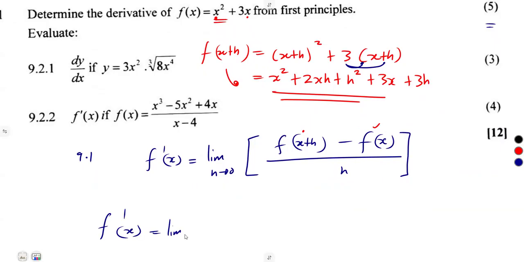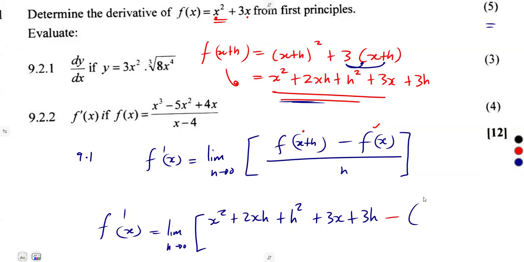So that's it. The limit as h approaches 0 of this whole part: x squared plus 2xh plus h squared plus 3x plus 3h, minus f of x. I'm just going to put this in a bracket since we have got an expression x squared plus 3x. Then what am I going to do?